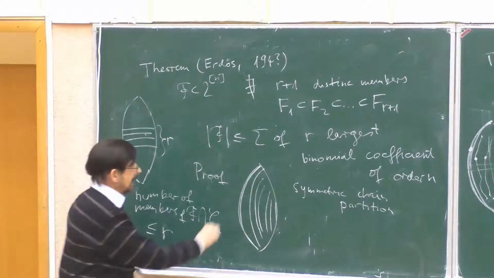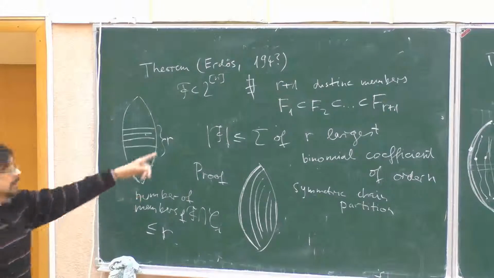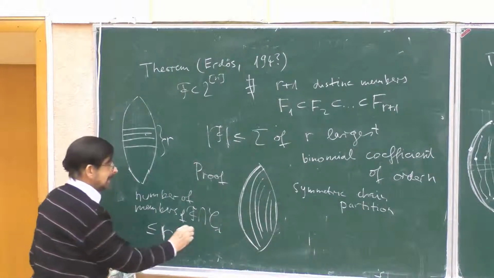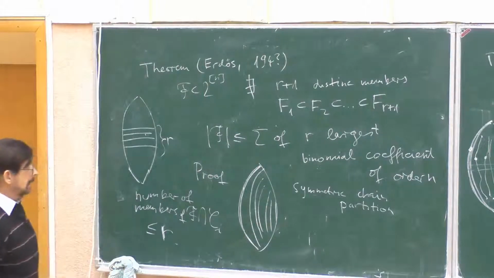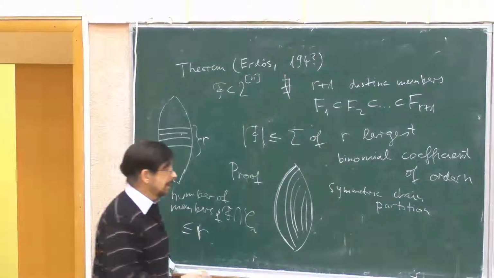We cannot have r plus 1 in one chain because that would contradict the condition. So at most r. But here there is a little difficulty that we have smaller chains.